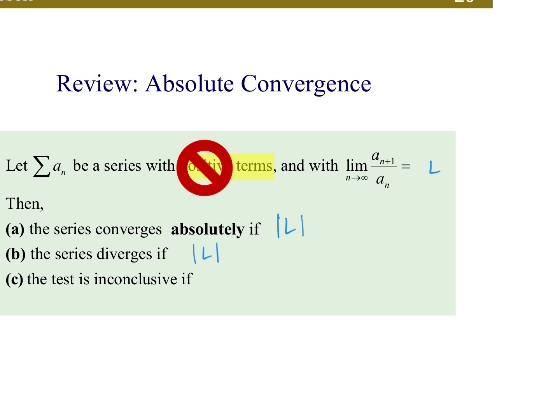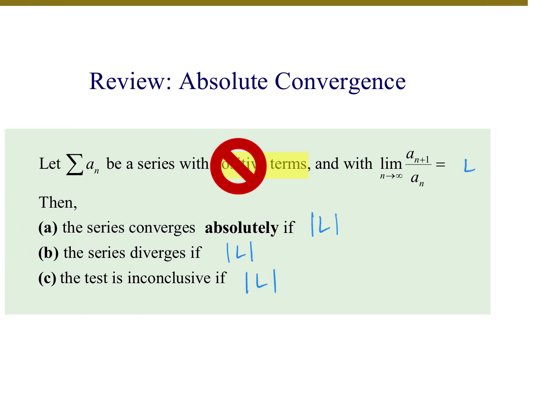Can you keep it all straight? The limit has to go in what direction, greater than 1 or less than 1, if we are reviewing absolute convergence? Less than 1 converges. Diverging if greater than 1, and inconclusive up till this point if it's equal to 1.